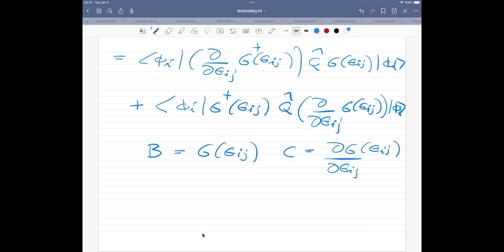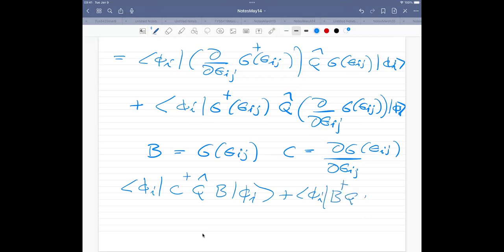And if we do that, we use the same trick because we can actually rewrite this quantity when I introduce these shorthands. I can rewrite these quantities as a phi of I, and then I have this C dagger, and then I have my operator Q, I have my B of phi of I, plus phi of I of B dagger, and then I have Q of C of phi of I.